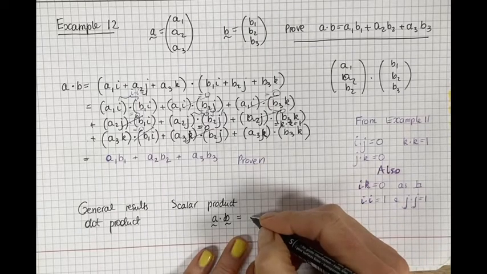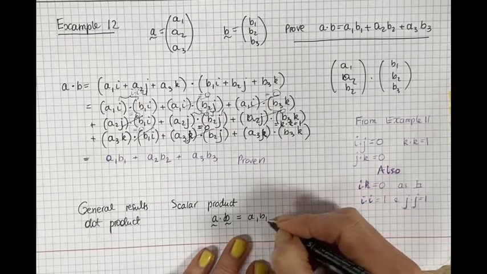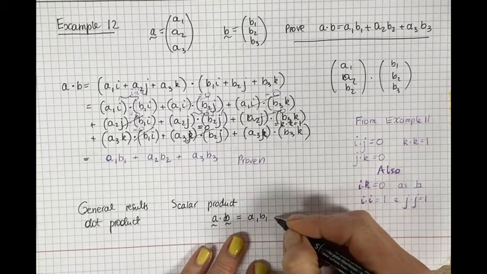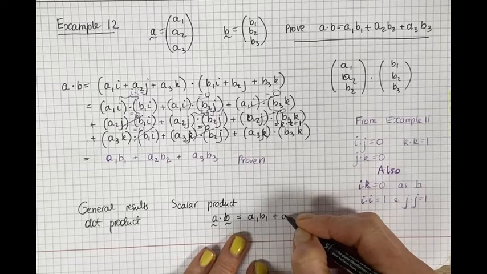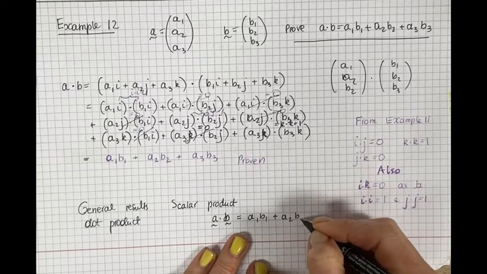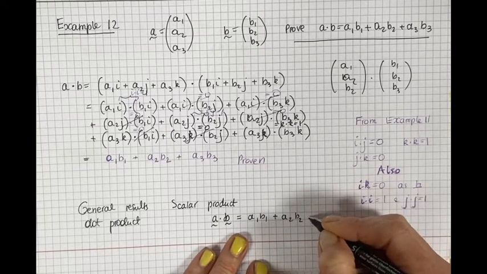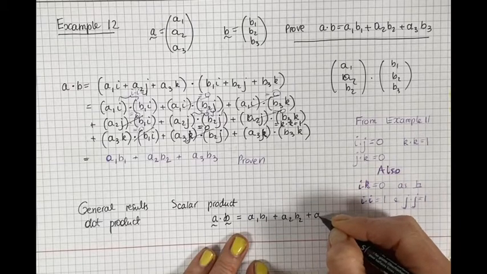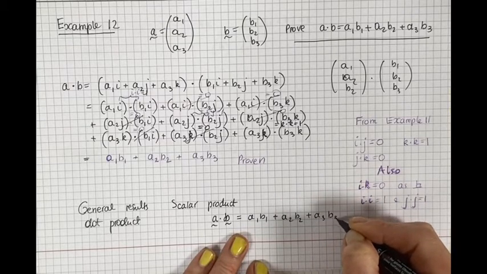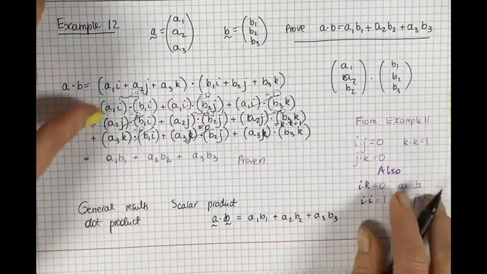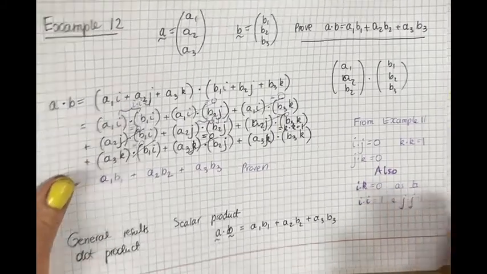So it's going to be a1 b1, so you multiply the x components, or x coordinates of the two points, plus a2 b2, plus a3 b3. So that's the general result for the dot product.